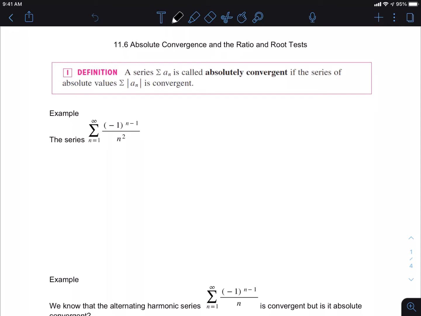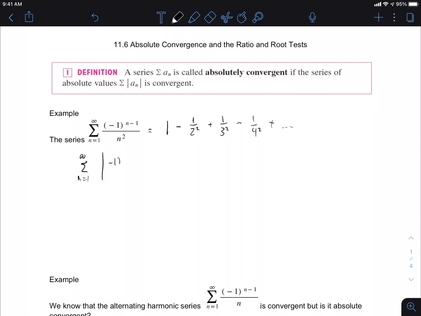So we can see that this function here is an alternating series, right? It's going to be 1 minus 1 over 2 squared plus 1 over 3 squared minus 1 over 4 squared, and so forth and so on. So what we're going to do is take the absolute value of this function and see what happens.